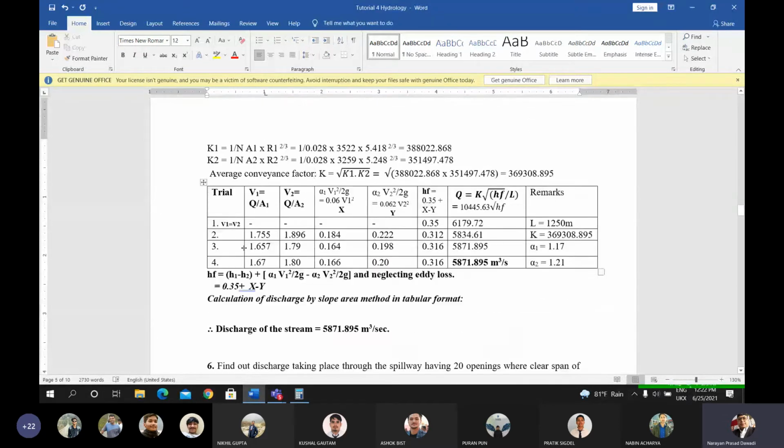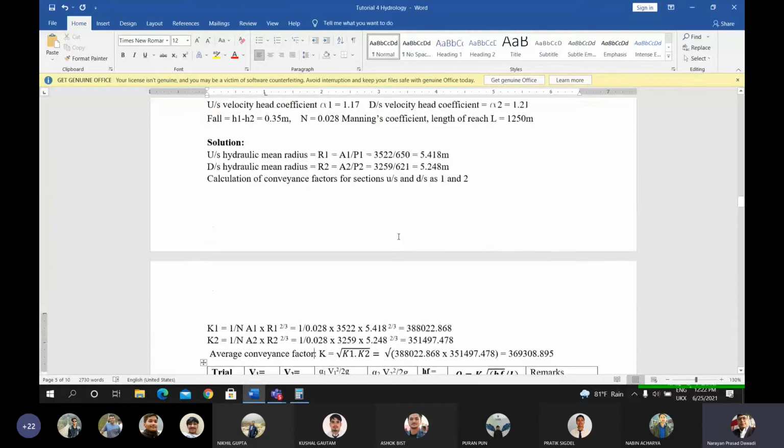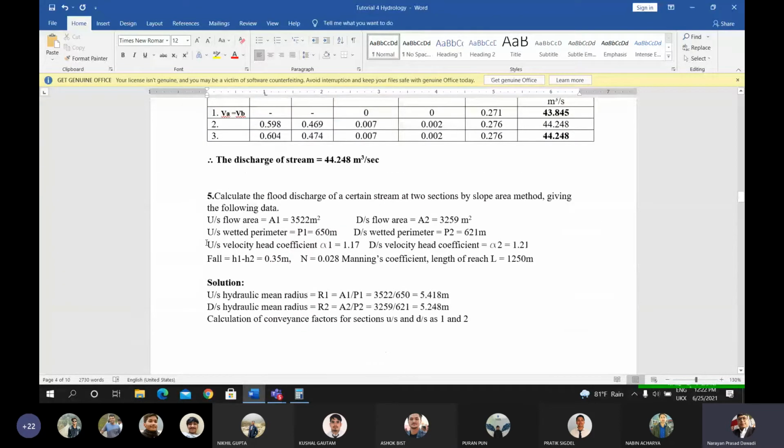Now for the first trial, we consider V1 is equal to V2. So there is alpha 1 V1 square by twice g for the first section, and alpha 2 V2 square by twice g for the second section, because we have been given the velocity head coefficients. The upstream velocity coefficient is alpha 1, and the downstream velocity coefficient is alpha 2.